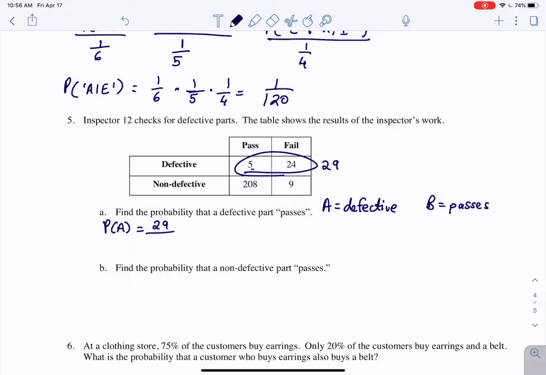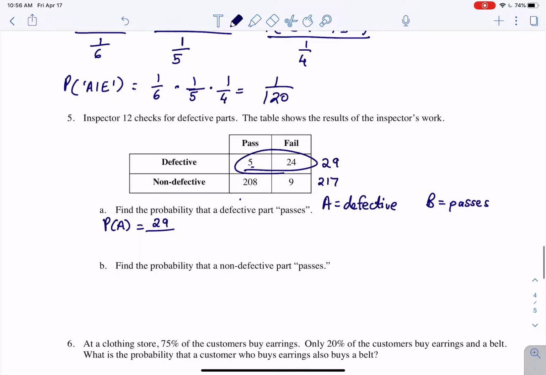So 5 plus 24, there are 29 defective, there are 217 not defective, 213 things that passed, 33 things that failed, and then in total, there were 246 things that were tested. So the probability of A, the defective, is 29 over 246.